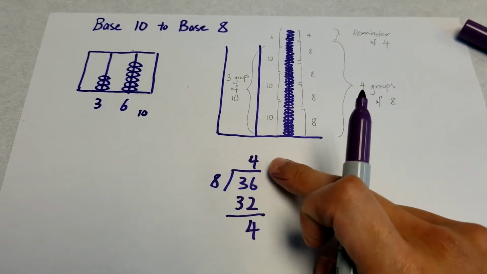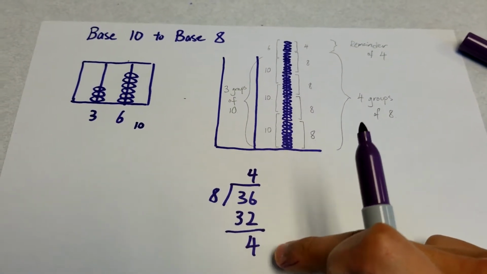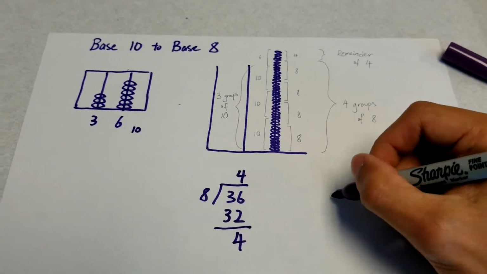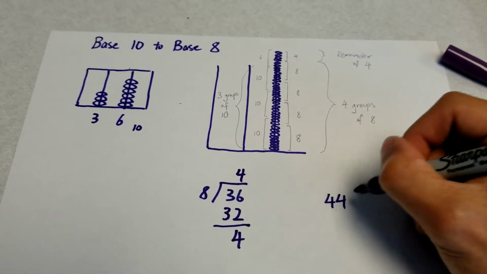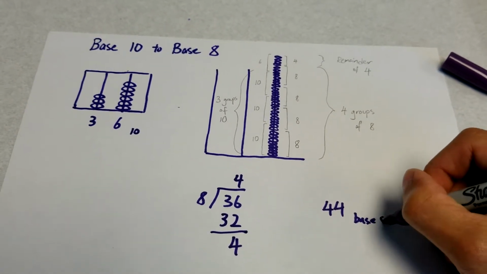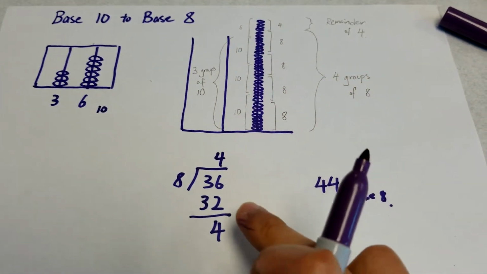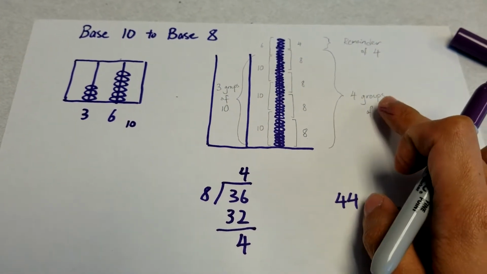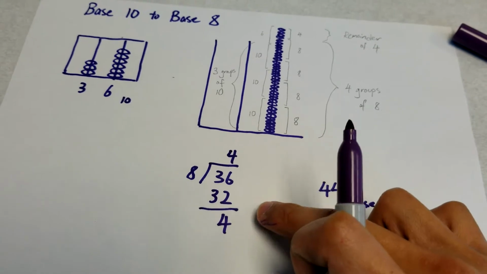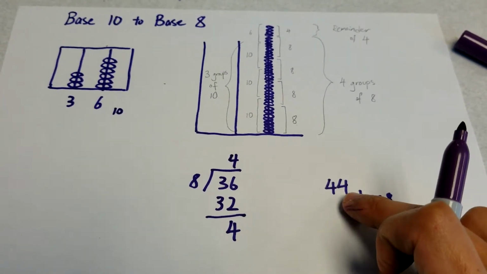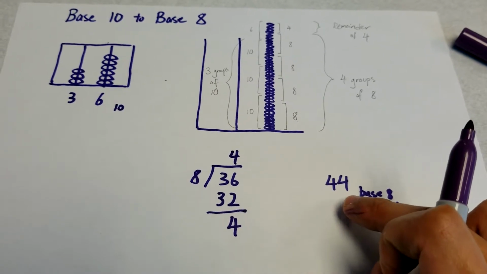So we have 4 groups, and then plus the remaining 4. That means you'll have 44 in base 8. Okay. So we'll take this number, which indicates the number of groups, and then the remainder right here, which is this number right here. So this is 44 in base 8.